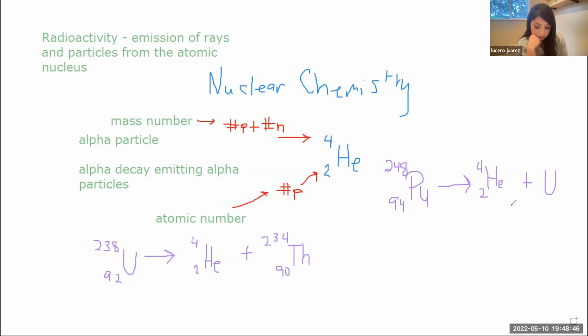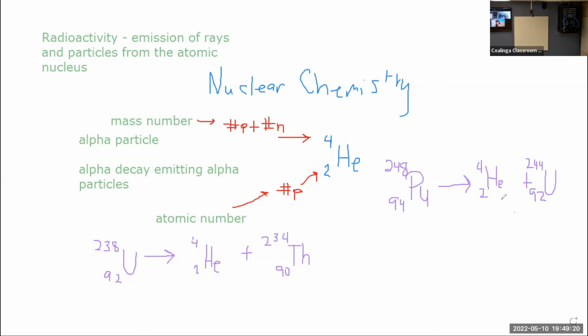Where's plutonium? So you want to go 2 back. Uranium? That's right. 244. So you subtract 4 from the mass number, and that gives me 244.